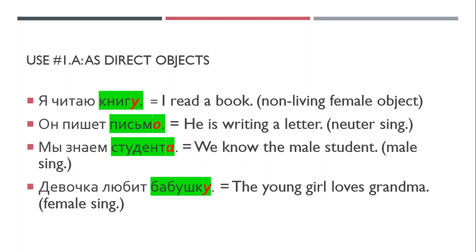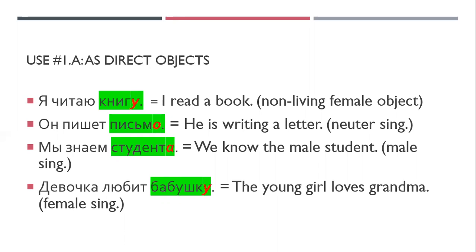Мы знаем студента. Whom do we know? We know the student, the male student. And in that case, it ends in a, because it's a living being. So Russian makes a distinction between objects that are living and objects that are not living.